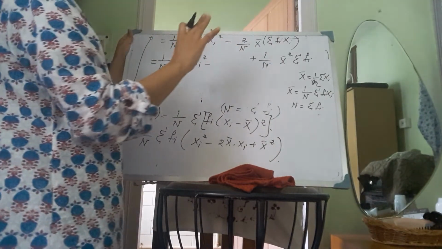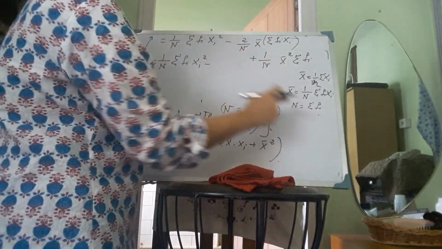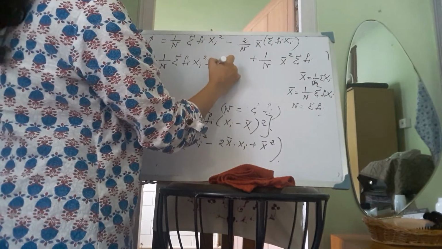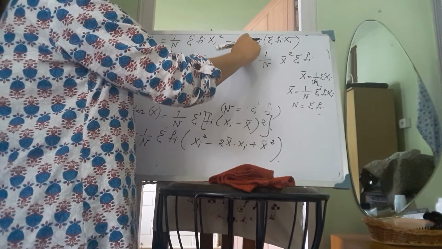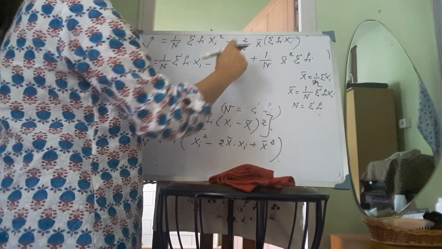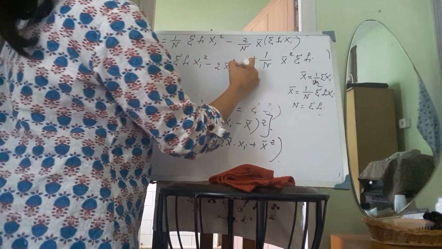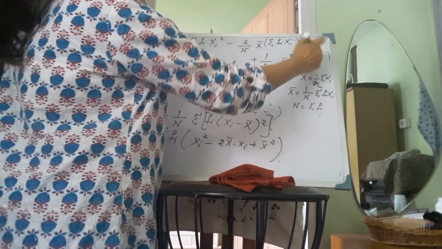So here we are considering a frequency data, so that is why summation of fi xi by n is x bar. So in that case from here we will get minus 2 x bar square. Because there is one x bar here and we will get another x bar from this expression, so we will get x bar square. So this is minus 2 x bar square plus 1 by n x bar square. Then what is summation of fi?